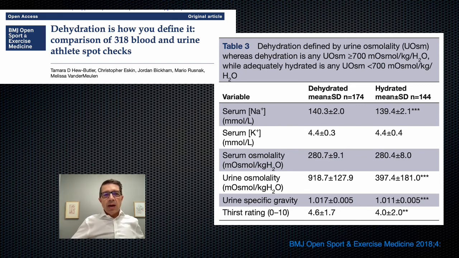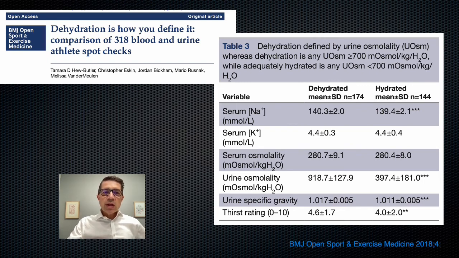Dehydration doesn't exist when your blood biomarkers are not indicating that you are dehydrated. So dehydration, as we discussed earlier, is a water deficit. When you do have a significant water deficit, your blood biomarkers are affected.